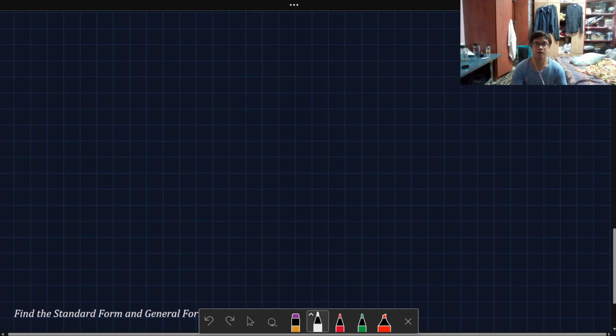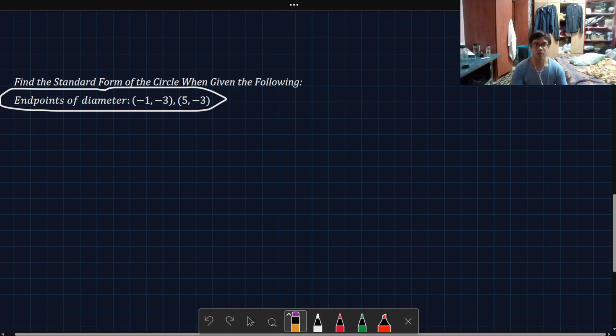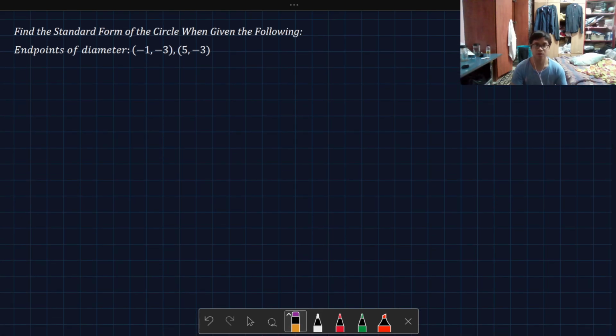What I'm trying to point out is that in these problems the center, the radius, or both are not given. So how are we going to find the standard form of the circle? Let's proceed.